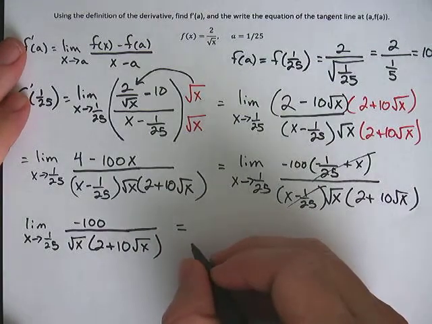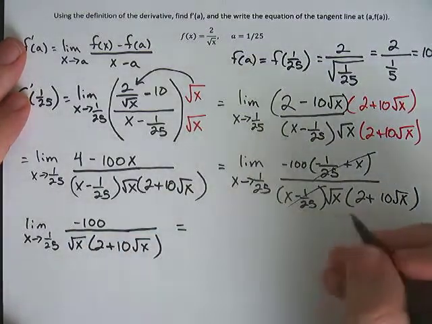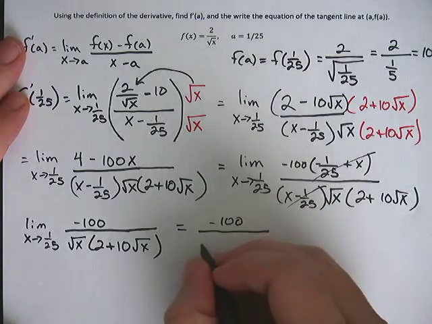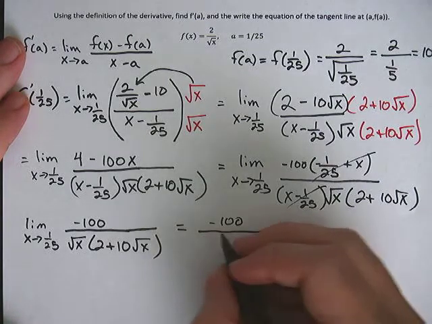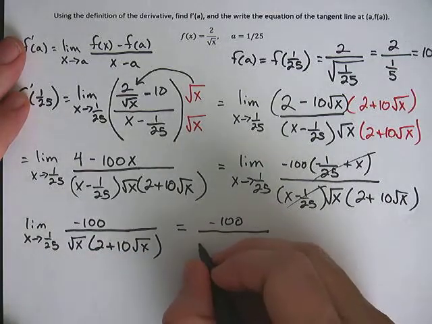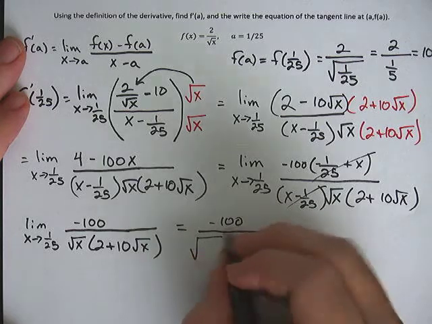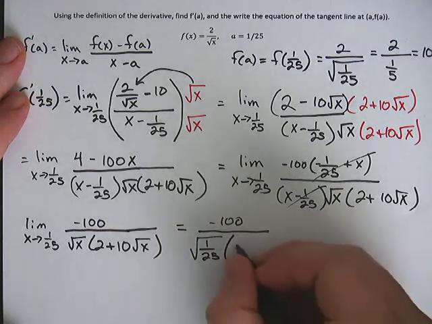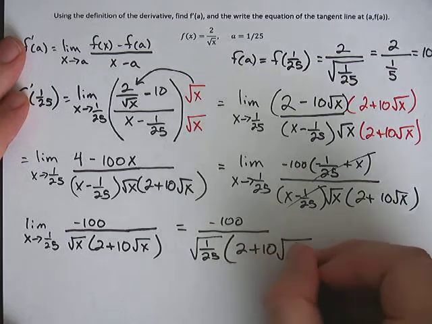We'll substitute in the 1 over 25 everywhere we see an x. So we get negative 100 in the numerator. And then we get the square root of 1 over 25, which I'll write out, and then 2 plus 10 square root of 1 over 25.